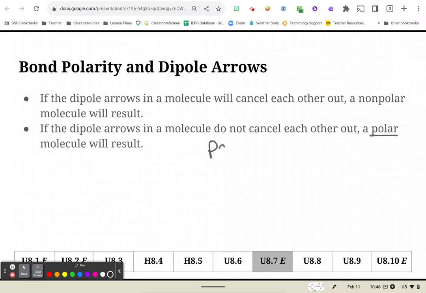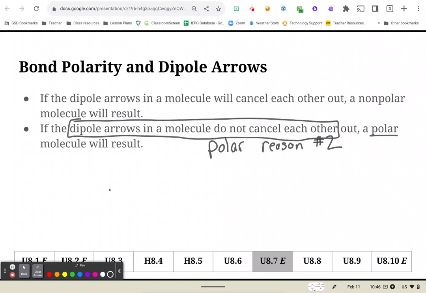So I'm going to go to the second bullet point first. This is what I call polar reason number two. Once it's polar, there are only two possible reasons you could give us as explanations for it being polar. Polar reason number two is that the dipole arrows do not cancel each other out. All right, so we'll show you examples of that as we go. Then we have our first non-polar reason. This is the main one you're going to see.